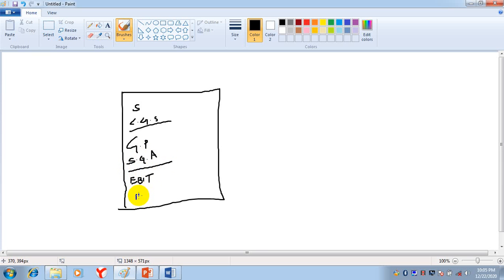Then we deduct interest, so we get EBT. And then we deduct taxes, so we get net income.